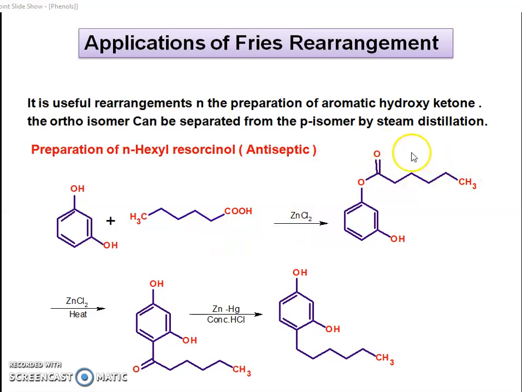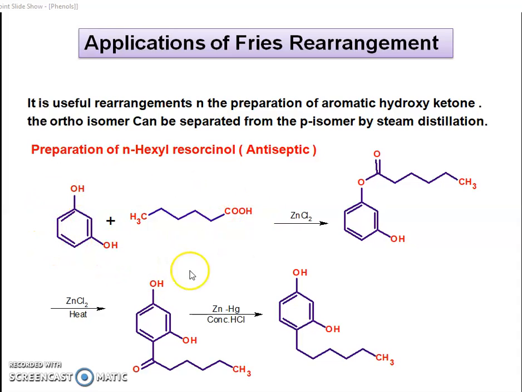And to get this chain which is attached to the oxygen atom, in the presence of zinc chloride under heating conditions, this group or chain will migrate to the para position. After migration, what is the first step?